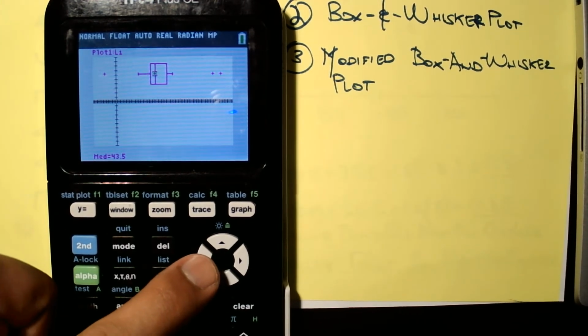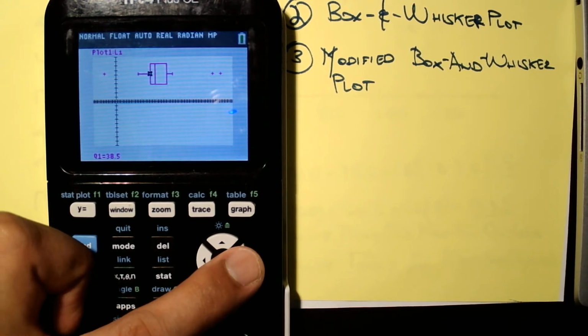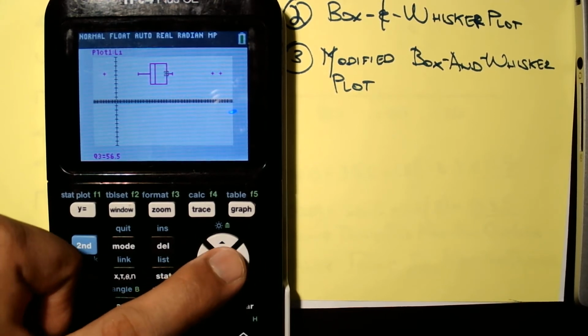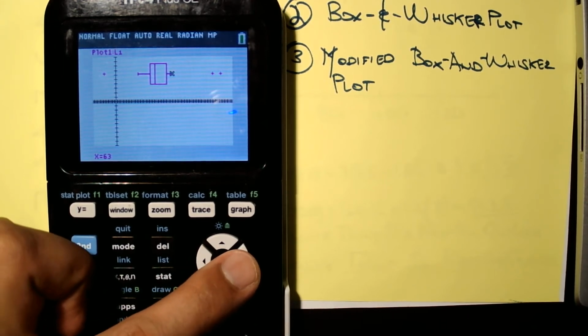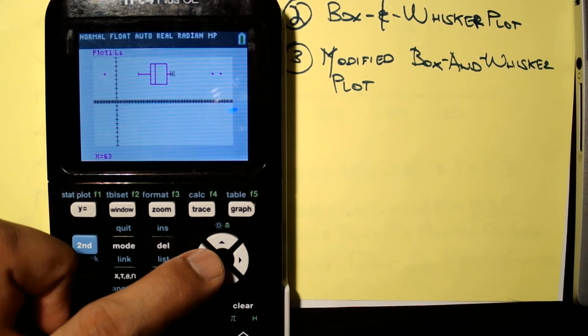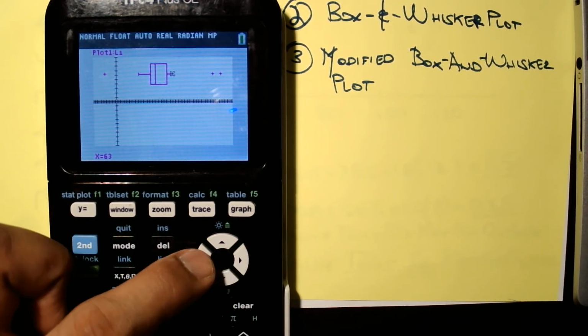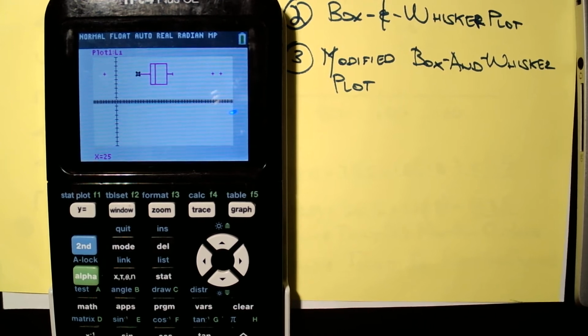The median, which again is 43.5, 38.5, which is Q1, and it's 56.5, which is Q3. The maximum in this case, well, we have a 63. So this is not the maximum. And then over here we have the other endpoint, which is 25. That is not the minimum, right?